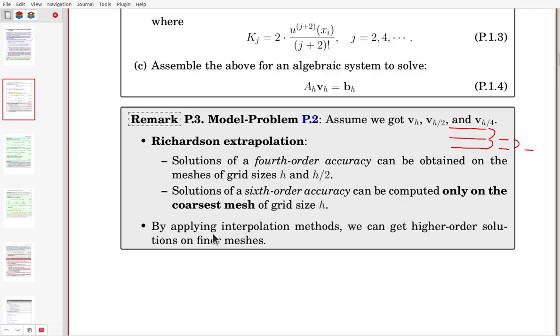And by applying an interpolation method, we can get higher order solutions on finer meshes, so that rather than only getting available values on coarser meshes, by using interpolation, we can get the solutions on finer meshes over there.